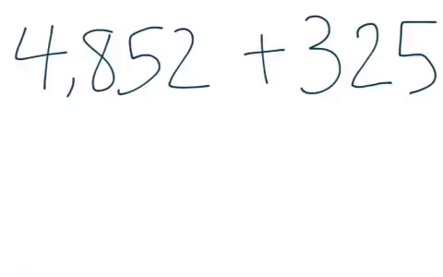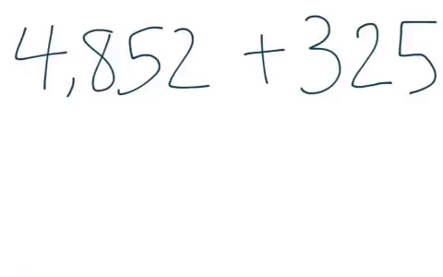Once you've decided which way you're going to do it, I want you to hit the pause button again and go ahead and begin to add these numbers using the strategy that you chose. If you get stuck, hit the play button and you will see me solving the problem as well. If you know what to do, keep going and finish until you get your answer, and then hit the play button, and then you can check your answer with the answer that I got.